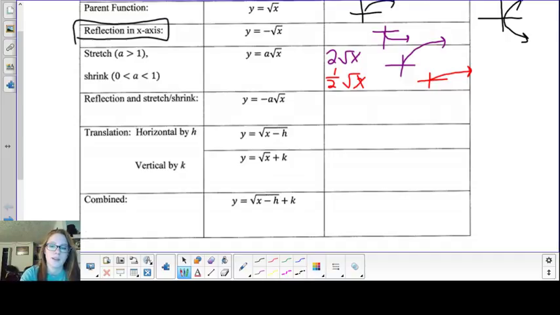So say I have a -2. He flips upside down and gets really big this way. Say I have a -1/2. He's going to take a really long time. Upside down.